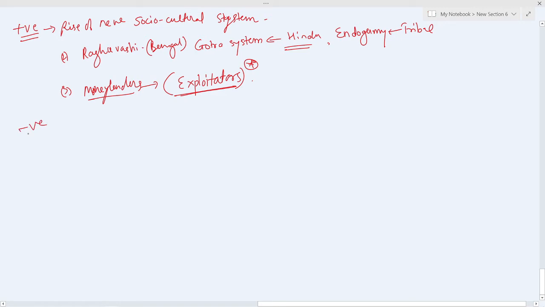Now we'll write down certain negative impacts of Hinduism on tribals. First is the replacement of tribal rituals and practices, and they came up with complicated Hindu rituals.